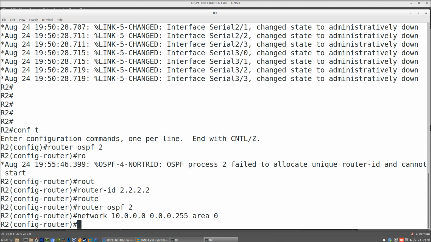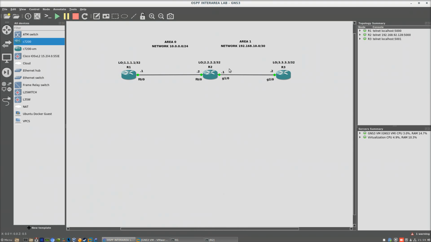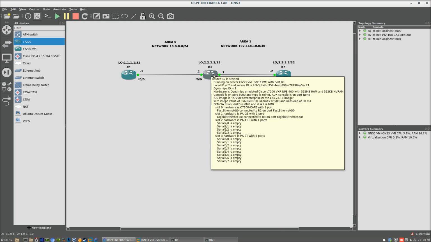So now we have network 192.168.10.0, and we have a /30 subnet mask, so the wildcard is 0.0.0.3, because the subnet mask here is 255.255.255.252. You should be comfortable with subnetting before following these labs, which I believe you are.